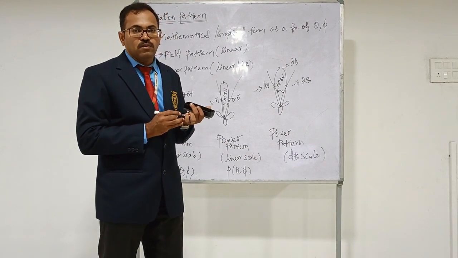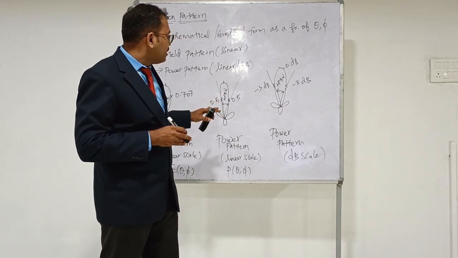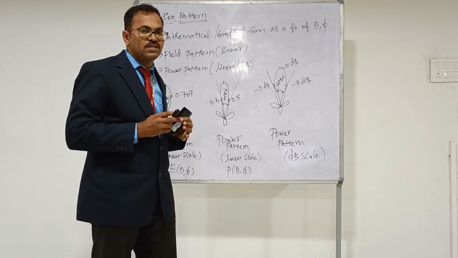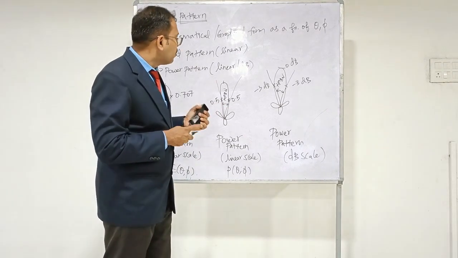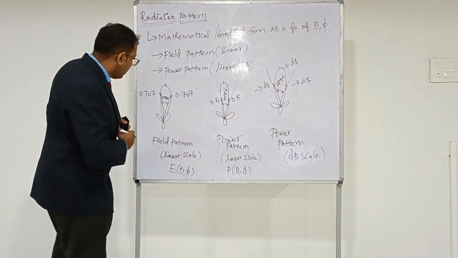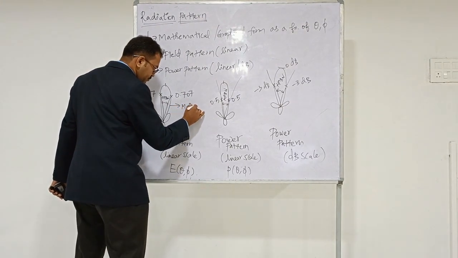Along with this, we can label the radiation lobes. What are the radiation lobes that are available here? If you look at the radiation lobes, this is my major lobe. I can call it the major or main lobe.